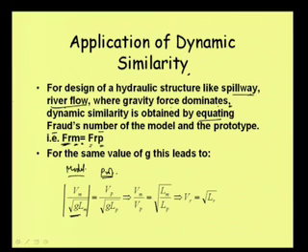If G is the same, then Vm by Vp is equal to root over Lm by Lp. Now, Vm by Vp is the velocity ratio, and Lm by Lp is nothing but the length ratio. So, root over Lm by Lp becomes root over Lr.